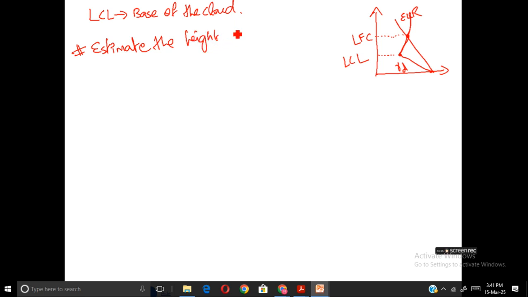By height of the cloud, I mean the base of the cloud, from what height the cloud starts. How to estimate the height of the cloud?